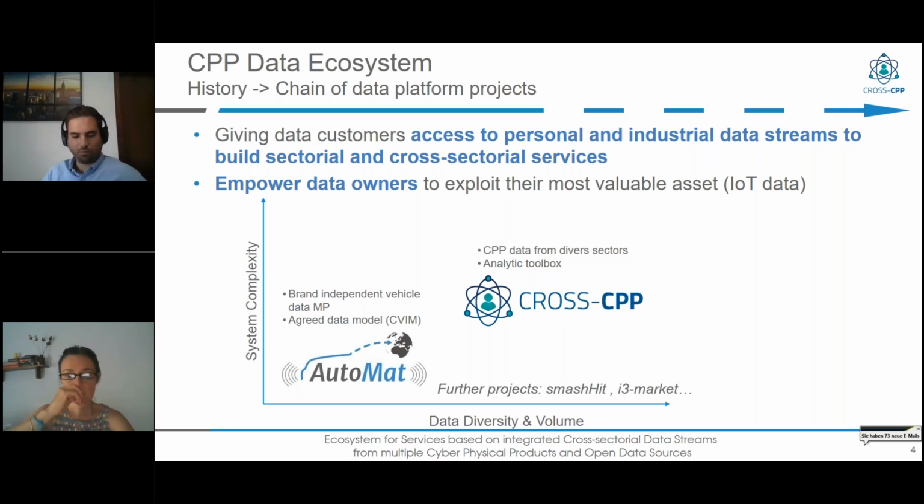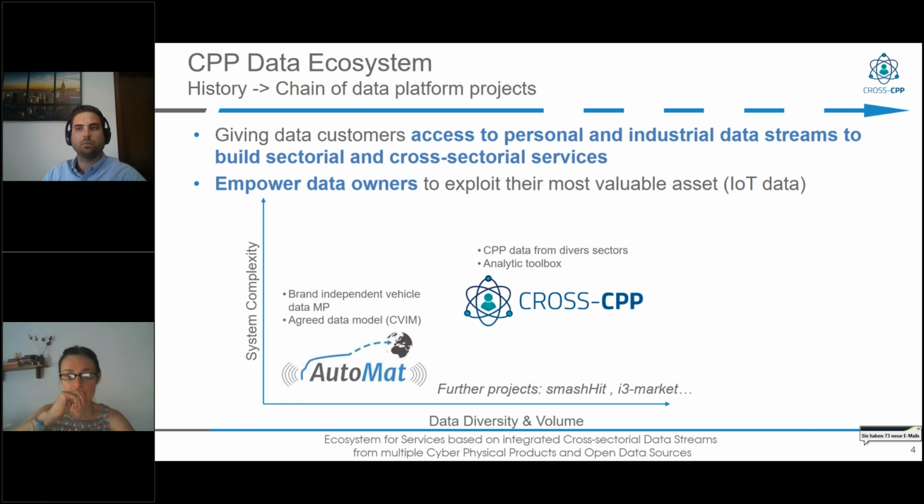But what's more important here is that we did not start from scratch. We did not have to reinvent the whole wheel. Cross-CPP is a follow-on project of the AutoMat project, which we had in the past.